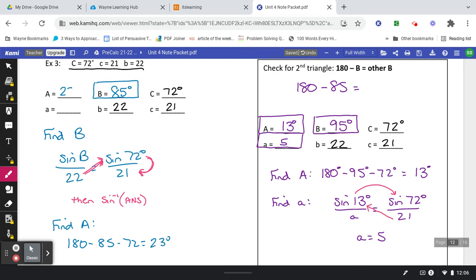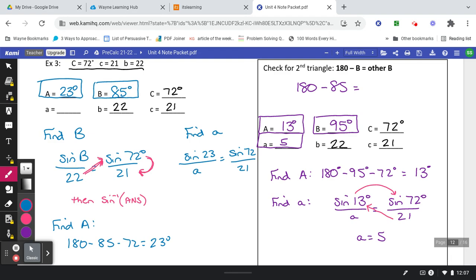Put that up here. And then very last part, find side A. I'm going to use the 72 and the 21. All right, and type this into your calculator, 21 times the sine of 23 divided by sine of 72.